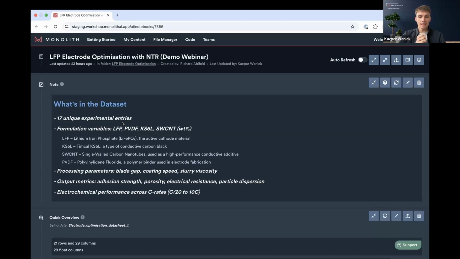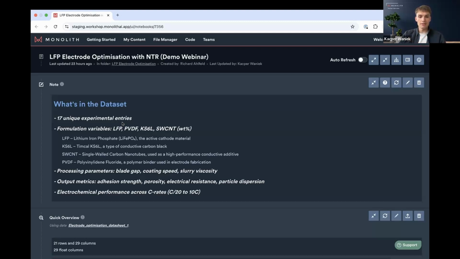We have the KS6L, a form of conductive carbon black that supports electron transport. We also have the single-walled carbon nanotubes, and they are used as an advanced conductive additive known for their high performance.